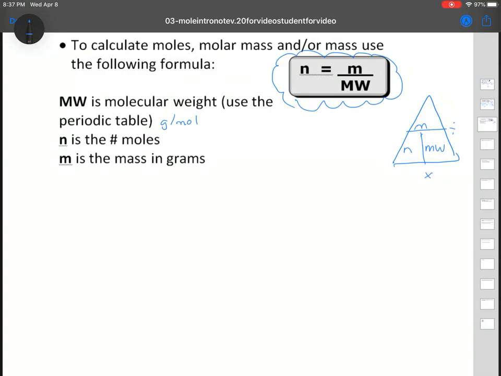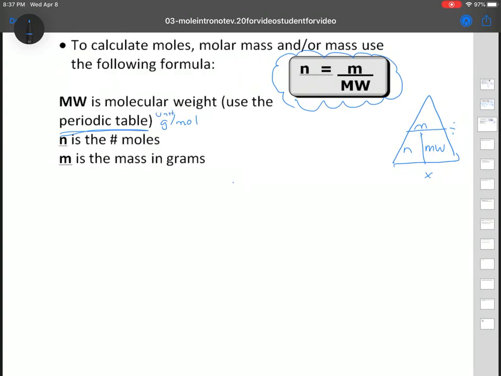Okay, so the units for molecular weight are grams per mole. And again, you're using the periodic table. If you use a different version, you might find they have different rounding in the average atomic mass reported. That doesn't matter. And then n is the number of moles.